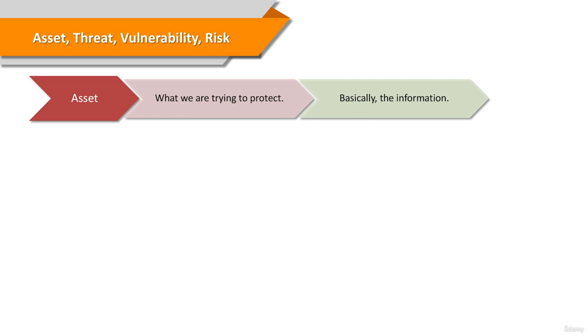Intangible assets include reputation as well as proprietary information. The information itself may include databases, software codes, critical company records, and many other intangible items. In short, an asset is what we are trying to protect.